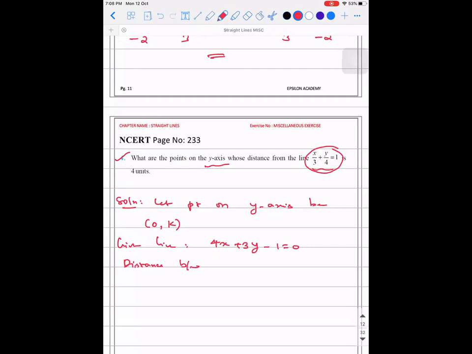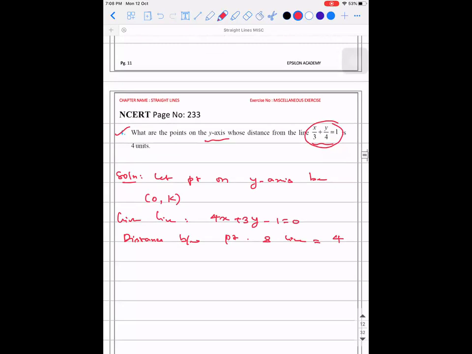Distance between point and line is how much? 4.